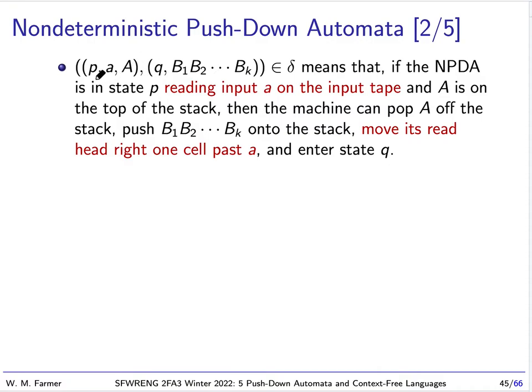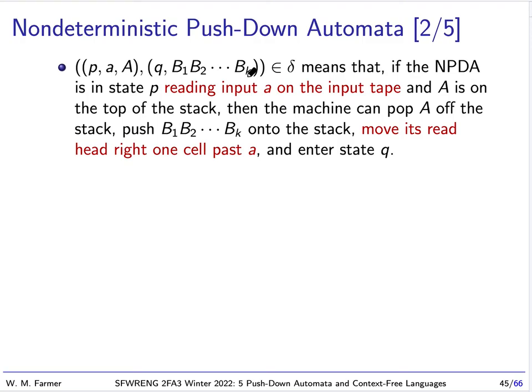And in that case, what this means is if we're in state P and we're on our input tape, we're reading a little a, and capital A is on the top of the stack, then what we do is we pop that A off the stack, and we push this set of symbols onto the stack.